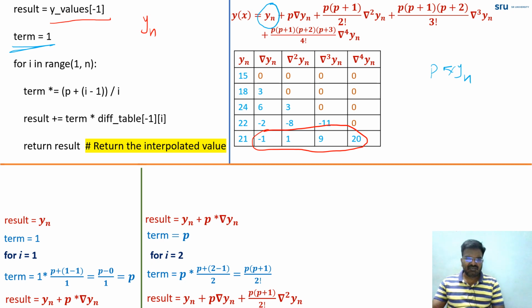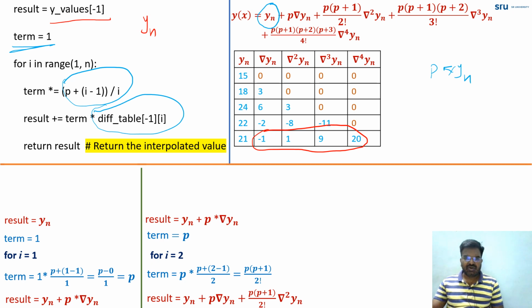To update the term, we are using one simple formula here, P plus I minus 1 by I. Every time we multiply the term with this value, we generate the new value for the term. After getting the term, we add this term to the result. Before adding this term to the result, we have to multiply the term with backward differences.